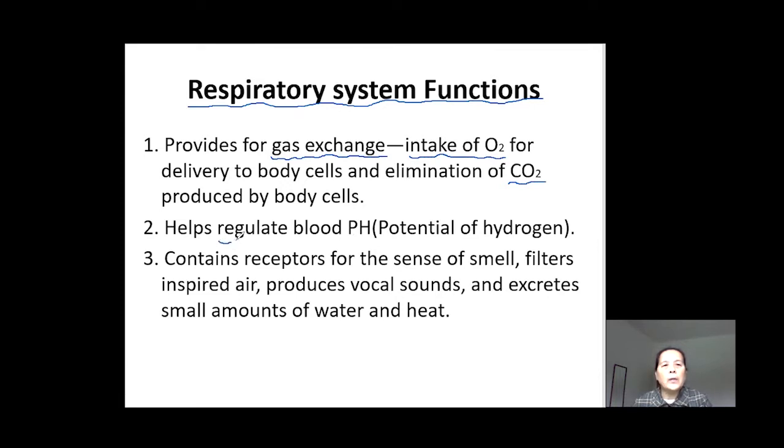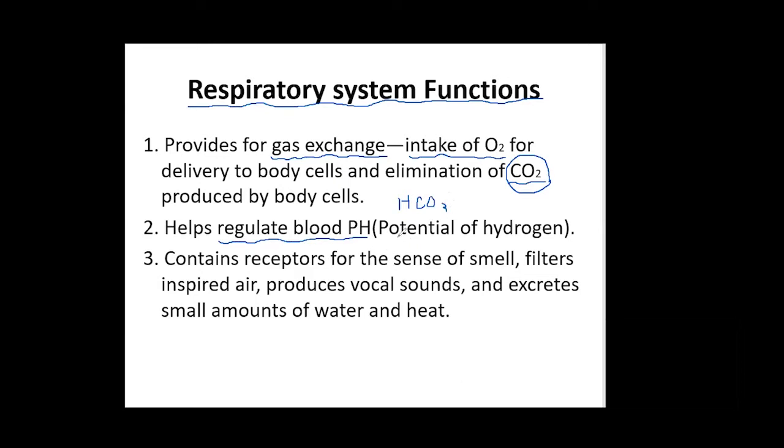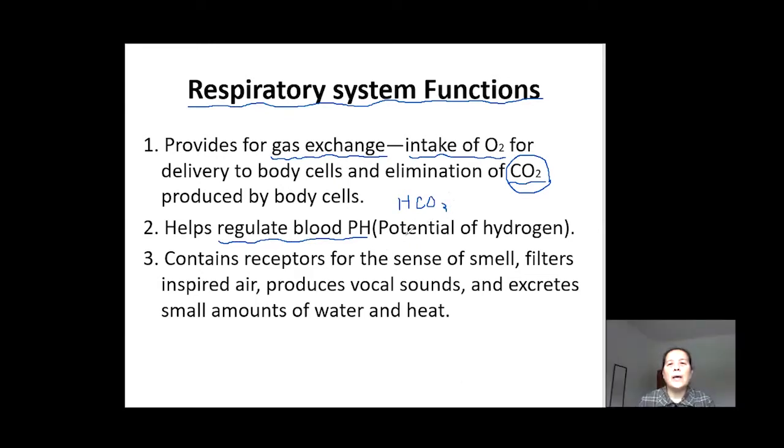They can regulate blood pH. Carbon dioxide is a form of acid, and how much they can relieve matters. It travels in the blood circulation and is finally relieved in the lung.